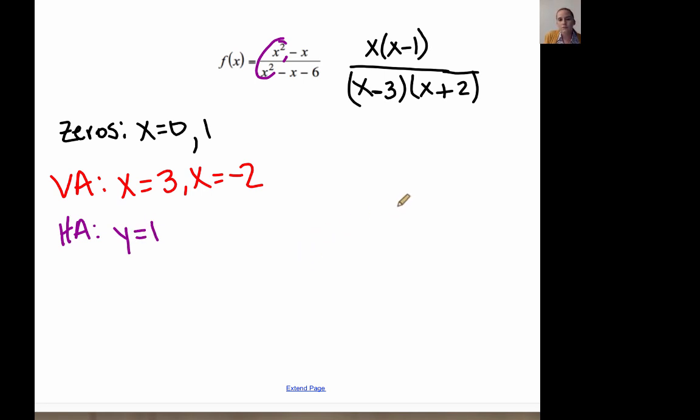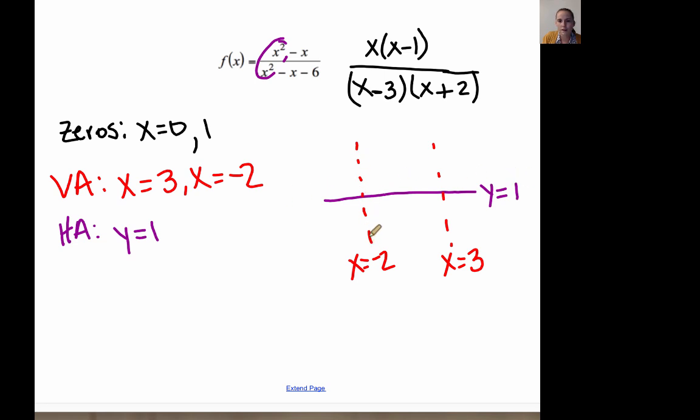Okay? And so, therefore, if the horizontal asymptote is at y equals 1, and then we have two vertical asymptotes, one at -2, this is at x equals -2, and one at 3, x equals 3, then the domain is cut off going this way.